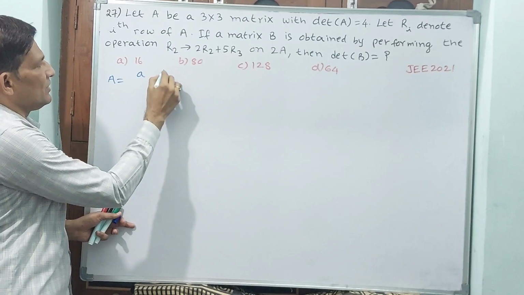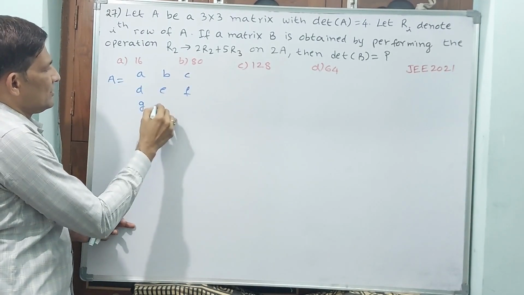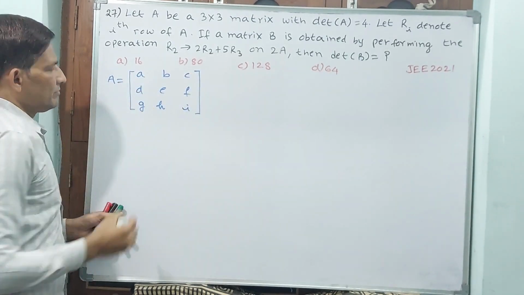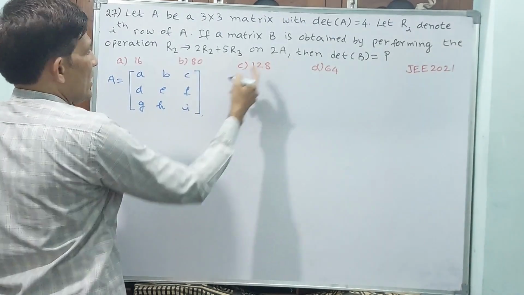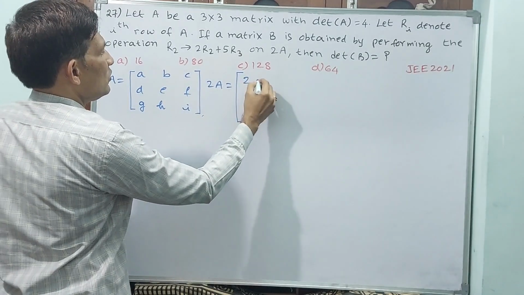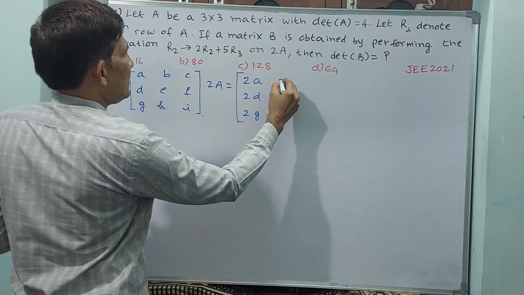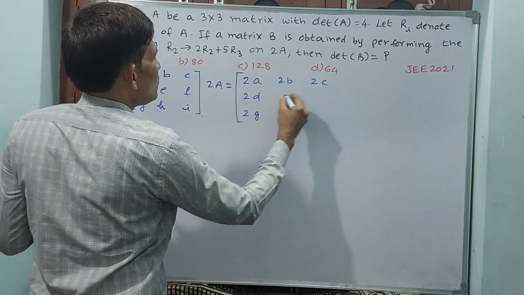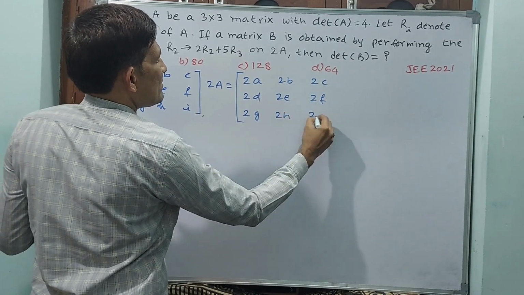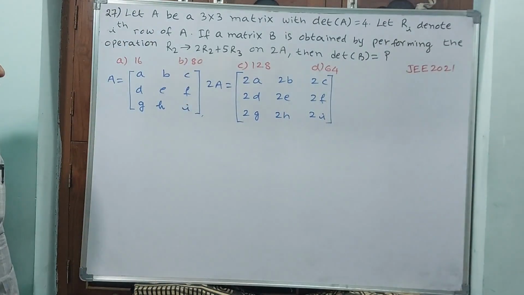I will take it like this: A, B, C, D, E, F, G, H, I. This is matrix A. Now I am taking 2A. 2A is equal to 2A, 2D, 2G, 2B, 2C, 2E, 2F, 2H, 2I. Understand this?